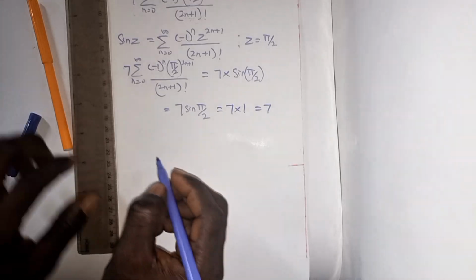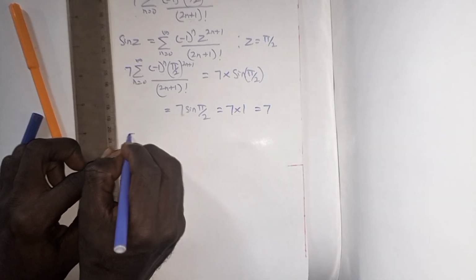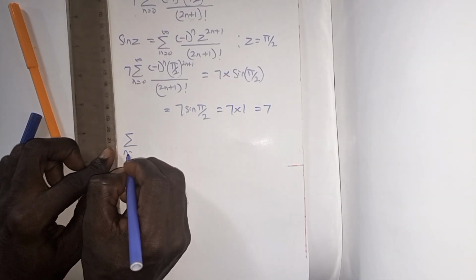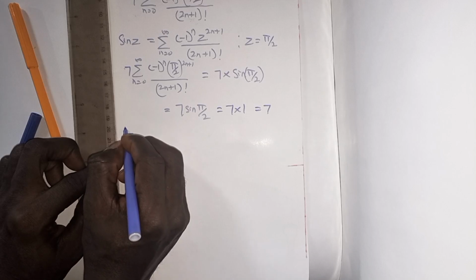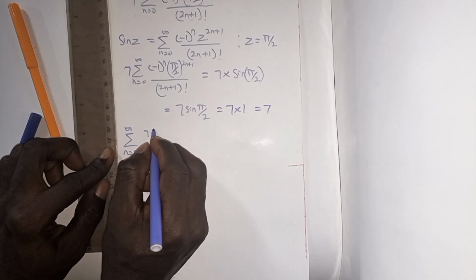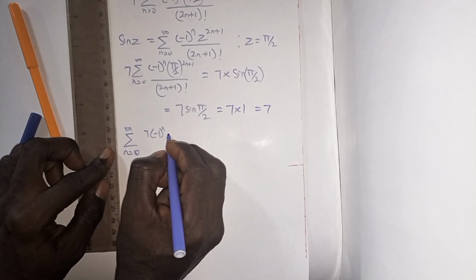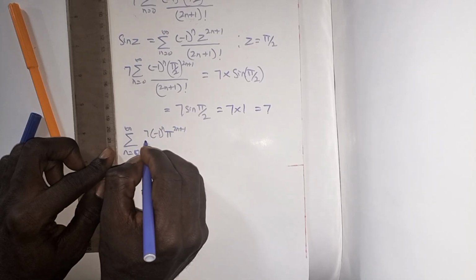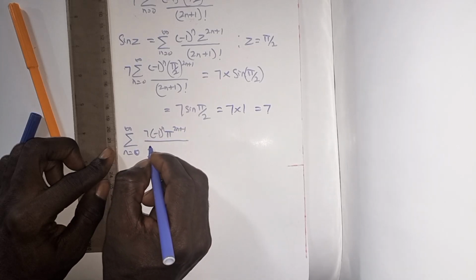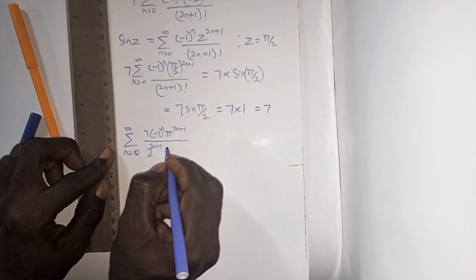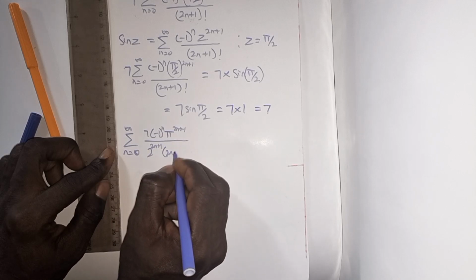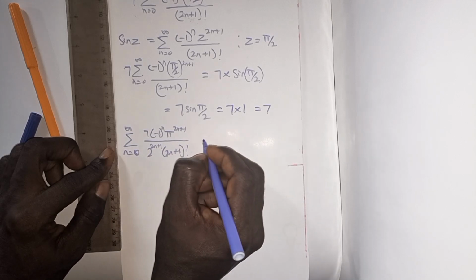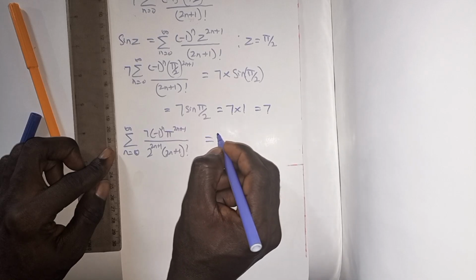So writing our final answer now, the sum from 0 to infinity of 7 times minus 1 to the n, pi to the 2n plus 1 all over 2 to the 2n plus 1, times 2n plus 1 factorial, is 7.